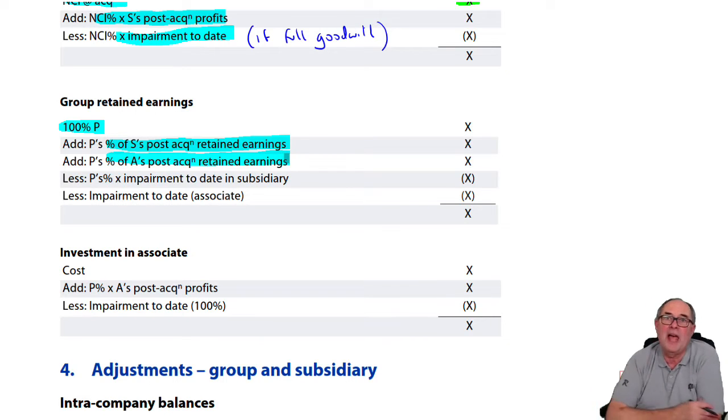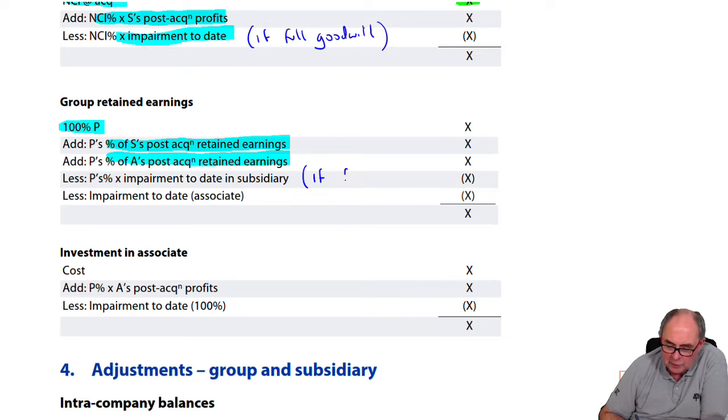See, it's not that hard to learn, is it? Then, of course, you would have my share of impairment. Again, that's assuming that you're using full goodwill. If it's proportionate goodwill, we'll remind you later, actually all of the goodwill impairment will go through that working. But either way, impairment, and there might also be some impairment on the associate.